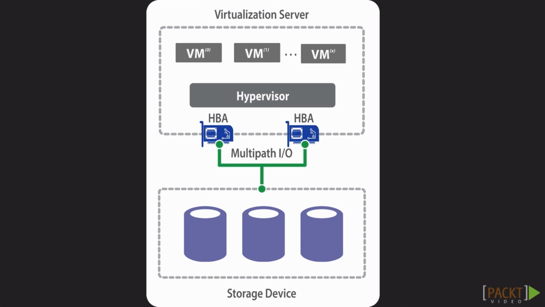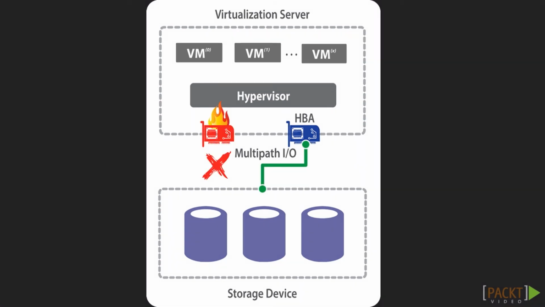MPIO solutions logically manage these redundant connections so that I/O requests can be rerouted if a component along one of the paths fails. As more and more data is consolidated on storage area networks, the potential loss of access to storage resources is unacceptable. To mitigate the risk, high availability solutions such as multipath I/O have now become a requirement.